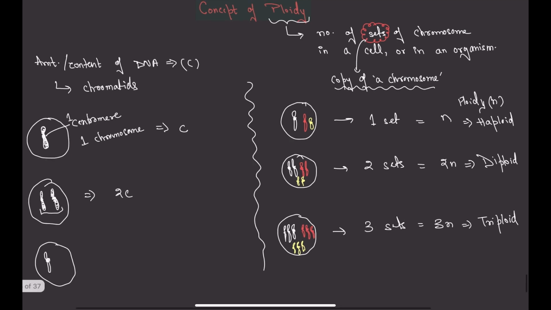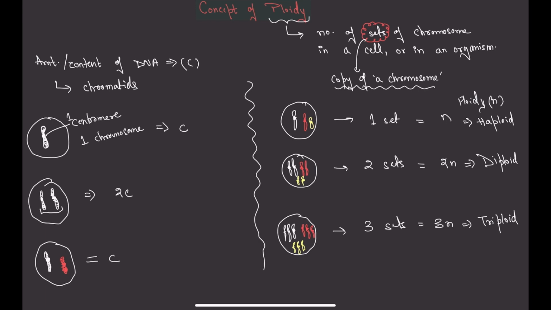This and another type of chromosome, this. So now we have one chromatid for this chromosome and again one chromatid in another chromosome. So every different type of chromosome has just one chromatid. Again the condition becomes C.